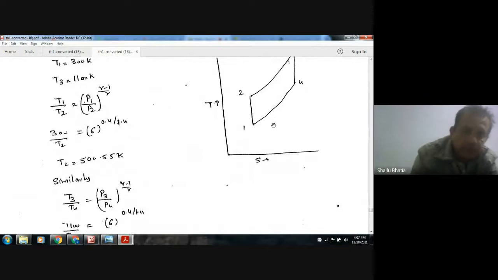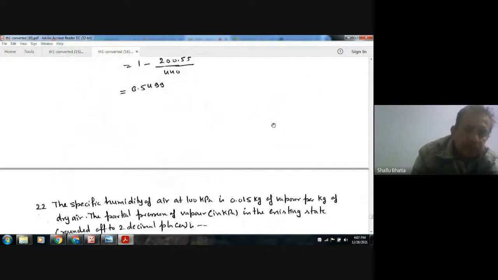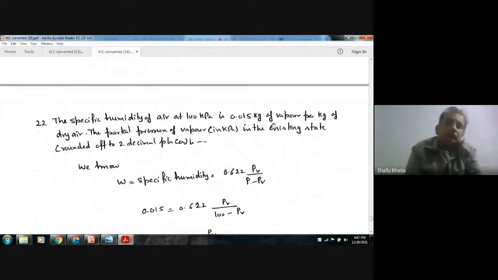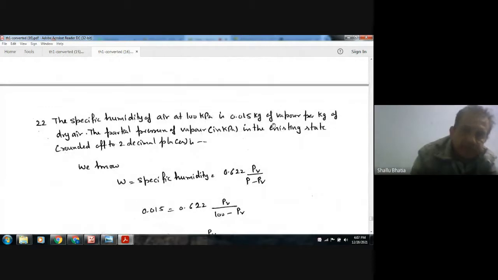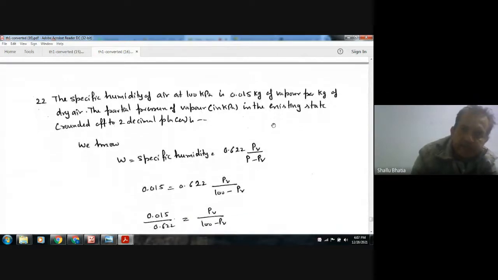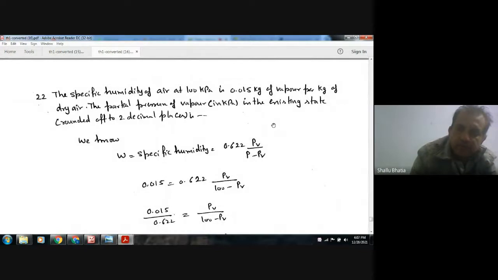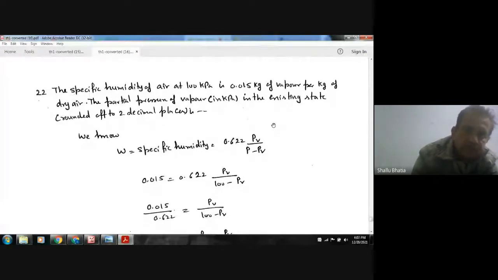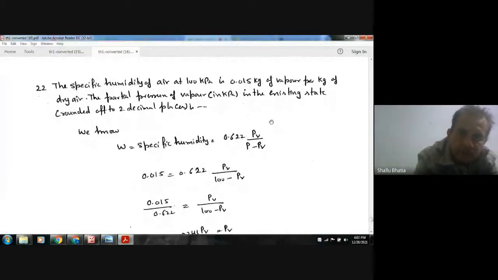Okay, next question. The specific humidity of the air at 100 kPa is 0.015 kg of vapor per kilogram of dry air. The partial pressure of the vapor in the existing state is? Specific humidity is given as 0.015, so the formula for specific humidity is this.